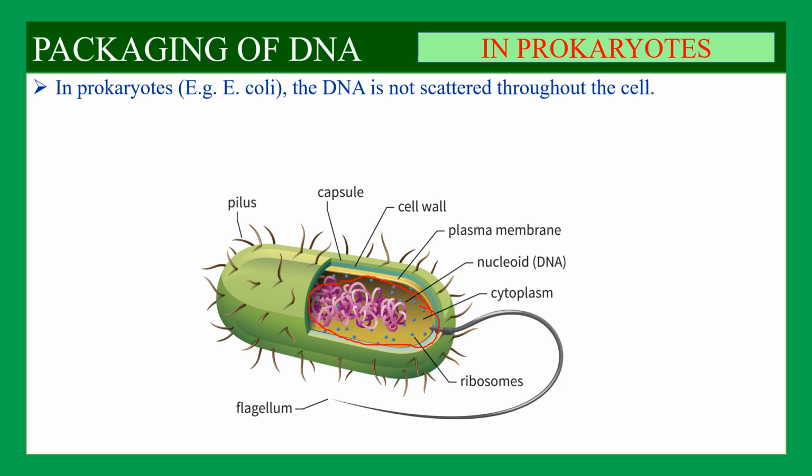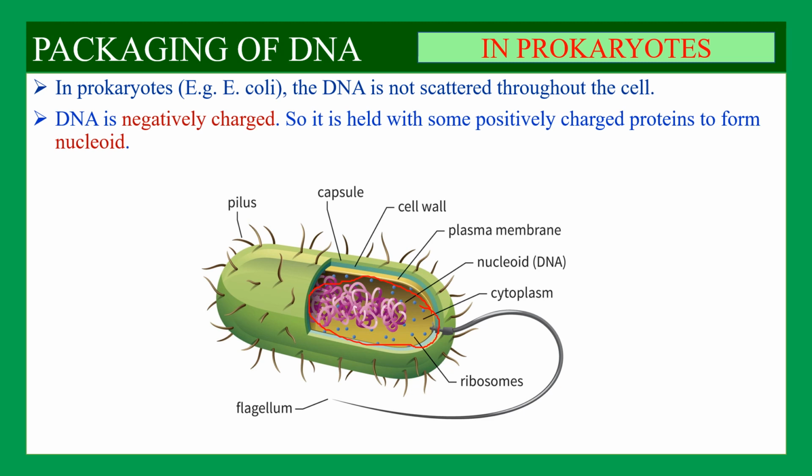There is no nuclear membrane. Hence, packaging of DNA in prokaryotes is very simple. The DNA is negatively charged, so it is held with some positively charged proteins to form a nucleoid.